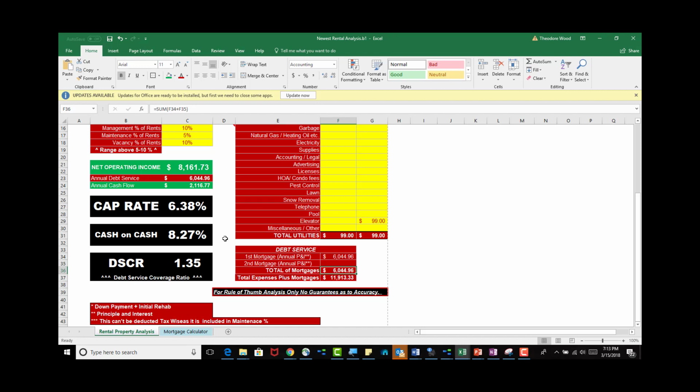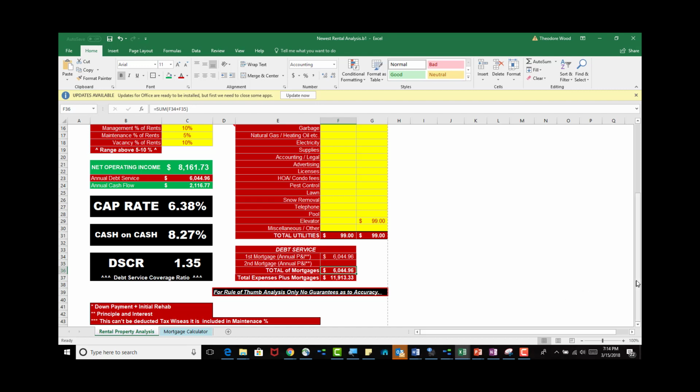Okay, your cap rate means just that, the capitalization rate. It's based on two numbers: how much money you have invested in the property, and your net operating income.